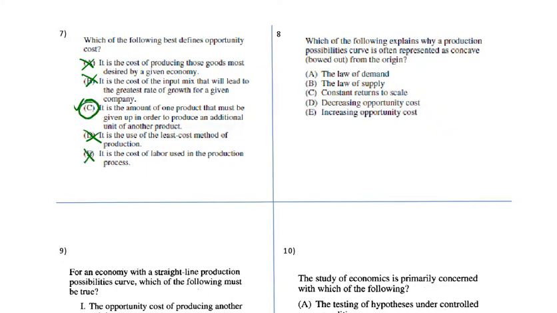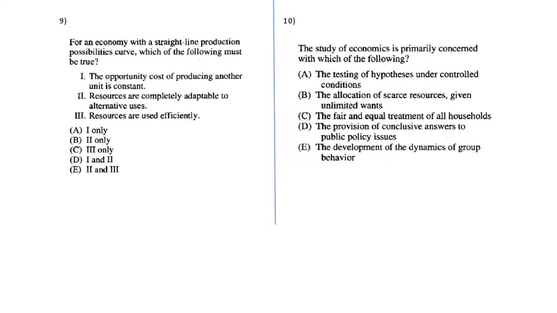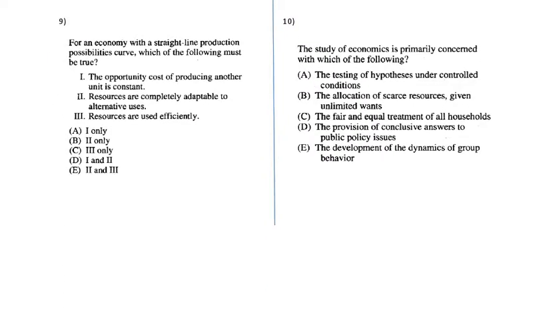All right, which of the following explains why a production possibilities curve is concave, bowed out, increasing opportunity cost? If you do go look at the video, the first day that we talked about production possibilities, we made a big deal about how linear means you've got a constant opportunity cost, and bowed out means you've got an increasing opportunity cost. But I will go back to number 4, as more than one of you was asking about that. Here's the same idea. Straight line production possibilities, the opportunity cost is constant.